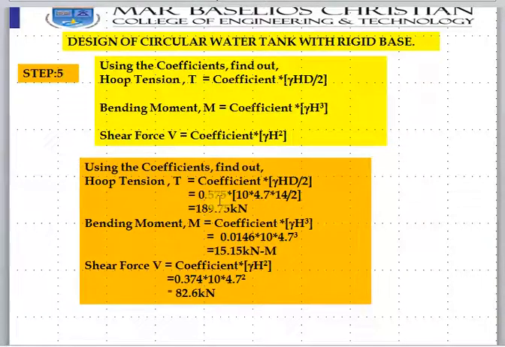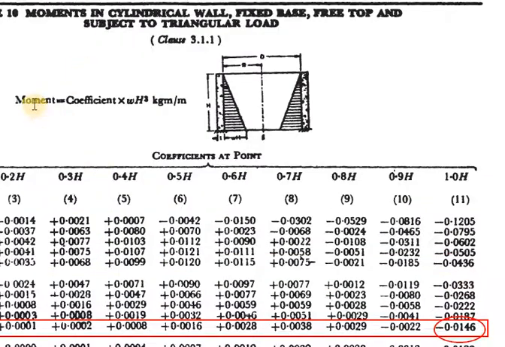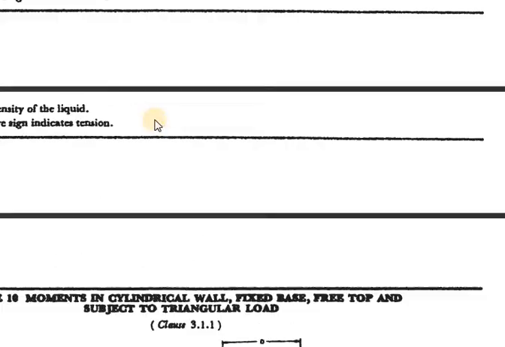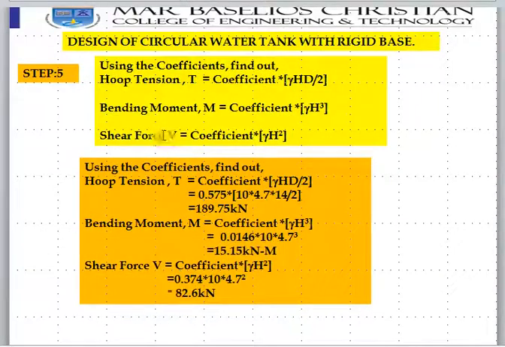So the next step, once you have the coefficients, because in this code, moment is equal to coefficient into gamma h cube. Similarly, tension T is equal to coefficient into gamma h into r, where r means d by 2. Using this formula you will find out the bending moment and hoop tension.